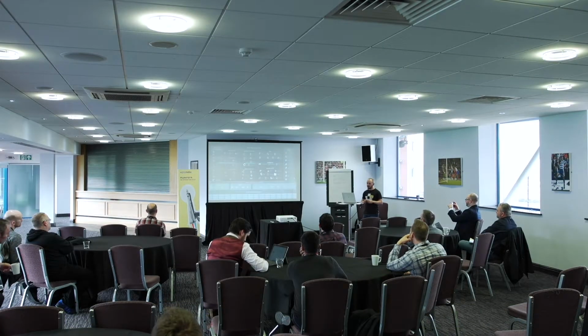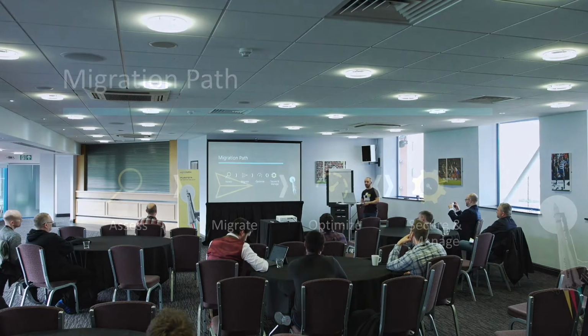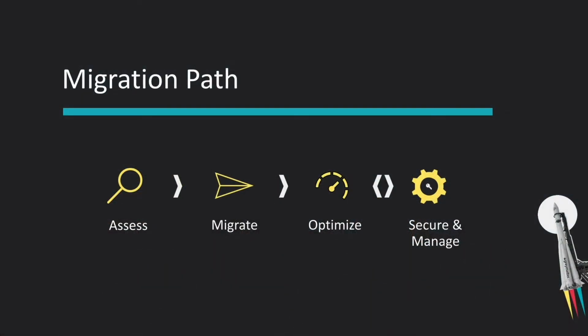So what does a migration path look like for us? We recognize that migration paths can be broken down into 4 different stages. So you have the assessment piece. With the assessment piece, you get to ask yourself the questions: what am I migrating from? What am I migrating to? How much is it going to cost me to adopt these new services that I'm migrating to?